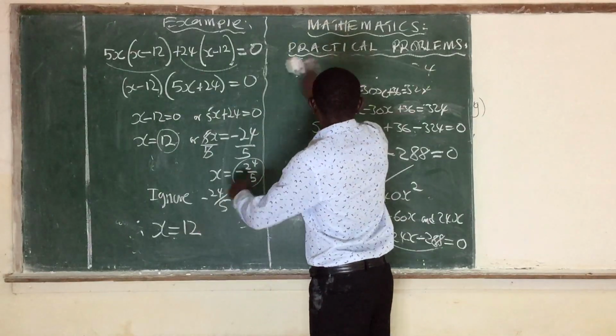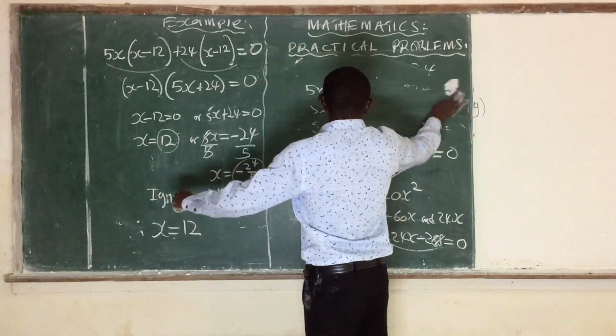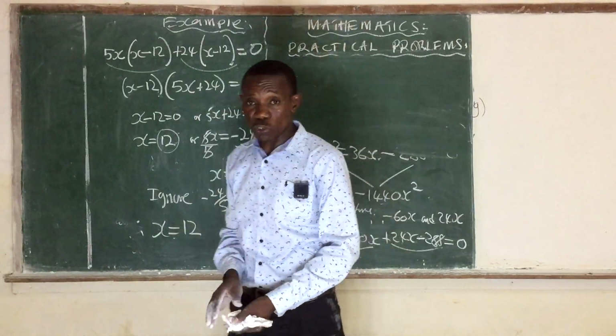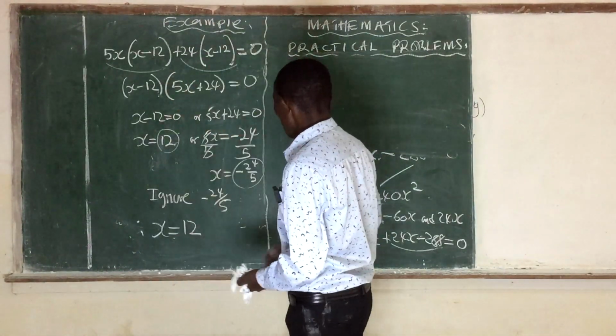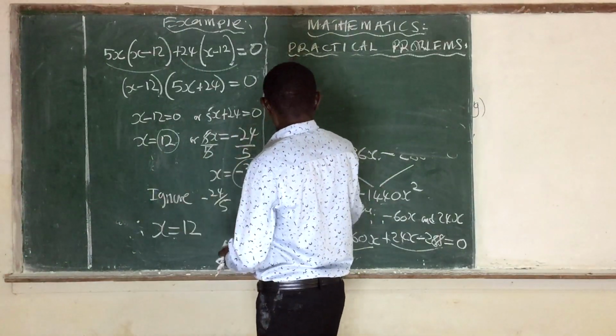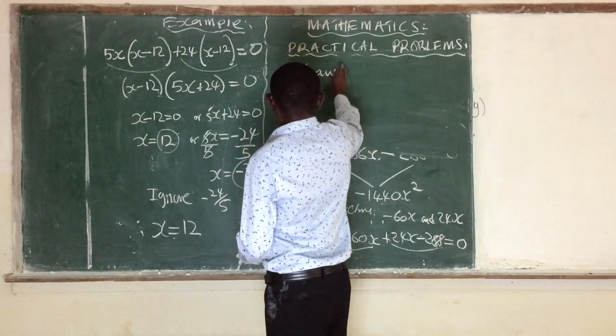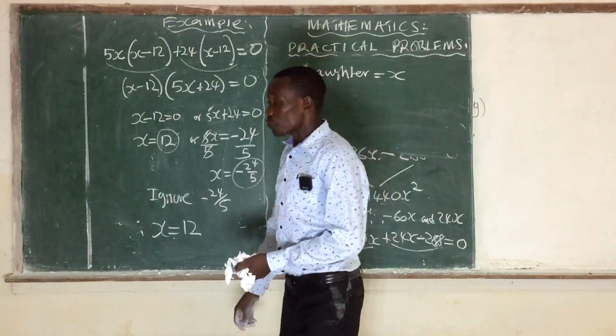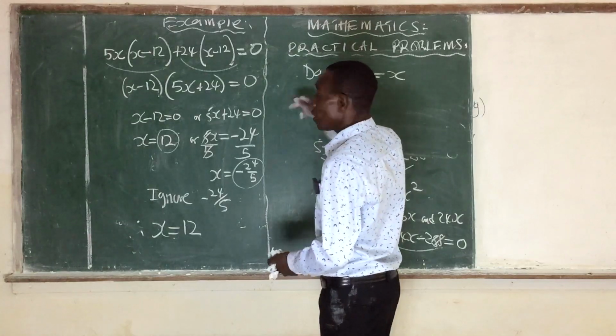So by that, it means now we are at the final stage. x has been found to be 12. So now, if we look from the starting point, if you remember, you clearly see that the daughter was represented by x as the age. So now the x here is found to be 12.